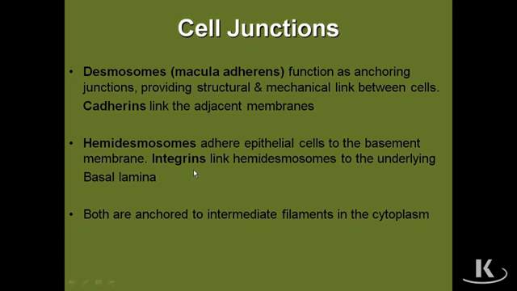And as we know, the cytoskeletal element that's closely associated with a desmosome are intermediate filaments, usually keratin, in the adjacent cytoplasm. And hemidesmosomes, as we said, link epithelial cells to the underlying basement membrane, but instead of utilizing cadherins as their adjoining molecule, they utilize integrins that link hemidesmosomes to the underlying components of that basement membrane.